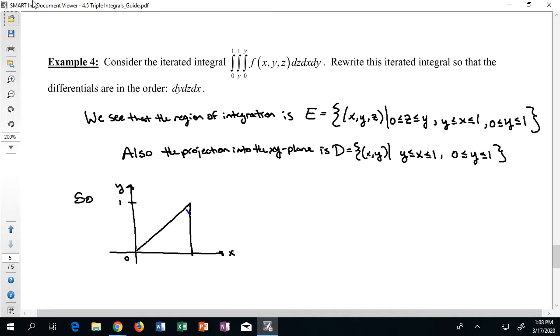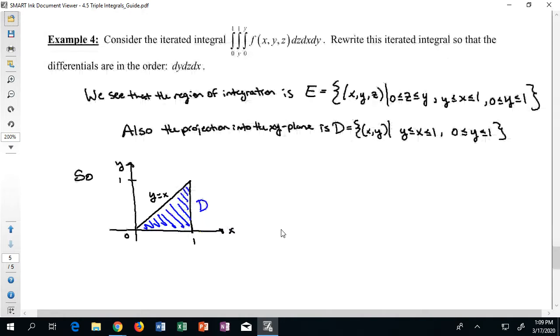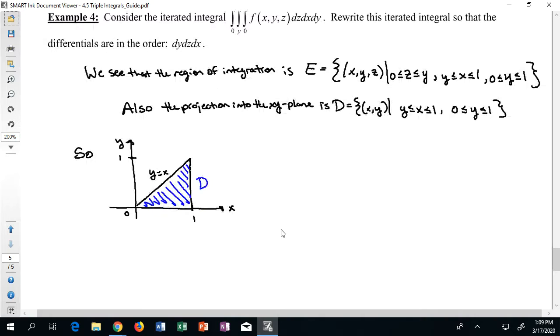So I would think that this region right here is the region D. I think I could double check, right? My y's go from 0 to 1, and my x's go from y equals x out until they hit 1. Seems like everything fits. But with this then, hopefully I can get a picture of the actual solid.